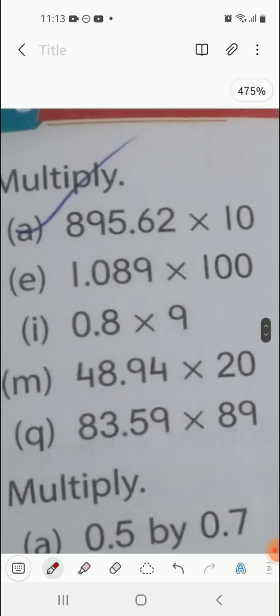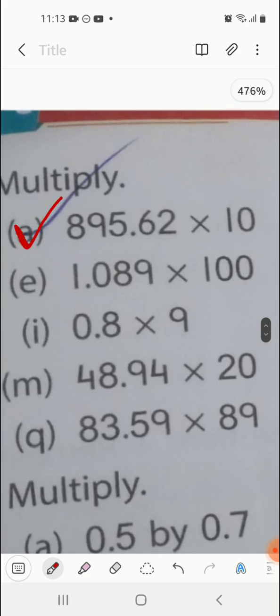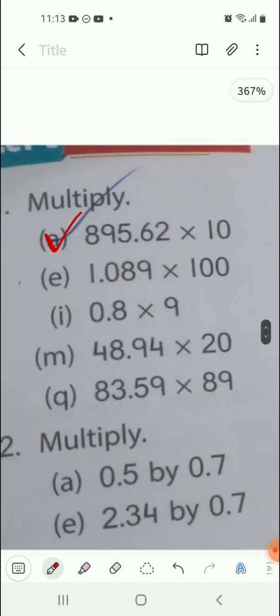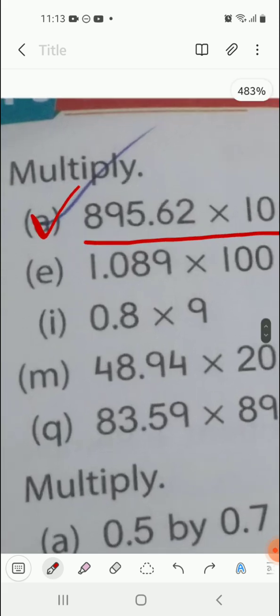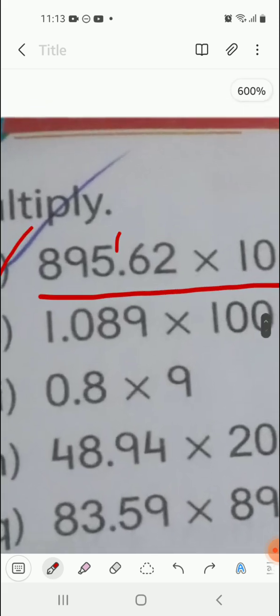You can see the first number that we have is 895.62 into 10. There is only one zero, that is, it is 10. That is why for multiplying, the point will shift only once.